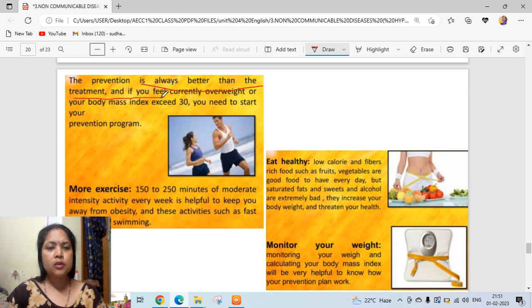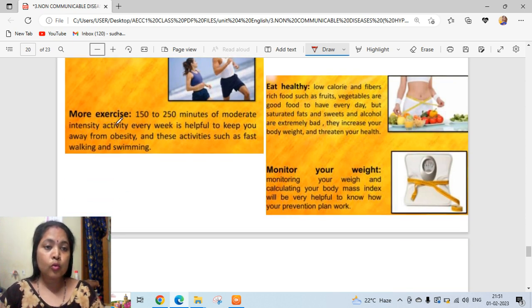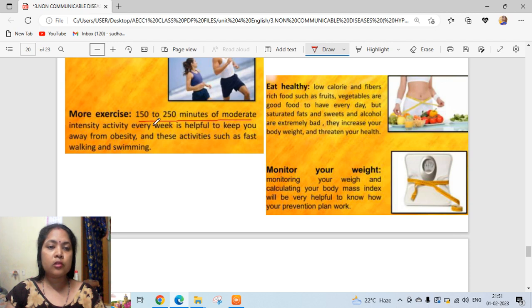And if you currently feel overweight or your body mass index exceeds 30, you need to start your prevention program. So more exercise, that is 150 to 250 minutes of moderate intensity activity every week, is helpful to keep you away from obesity. These activities include fast walking and swimming.